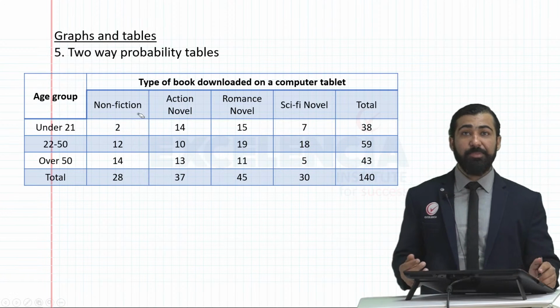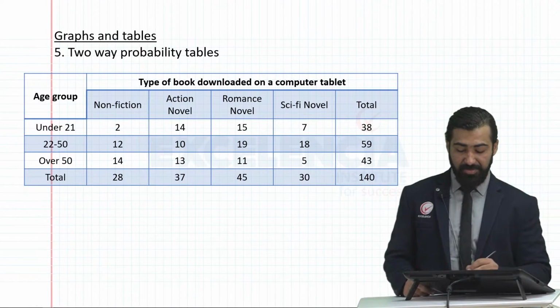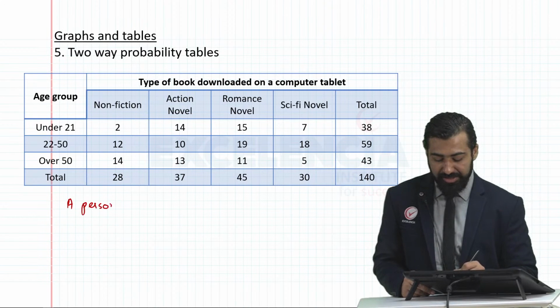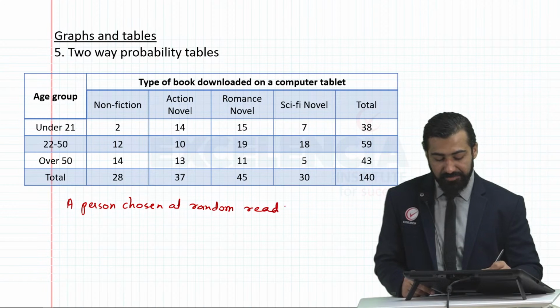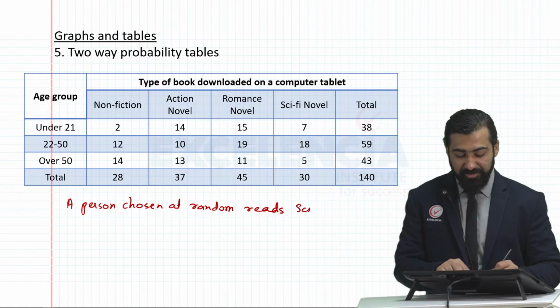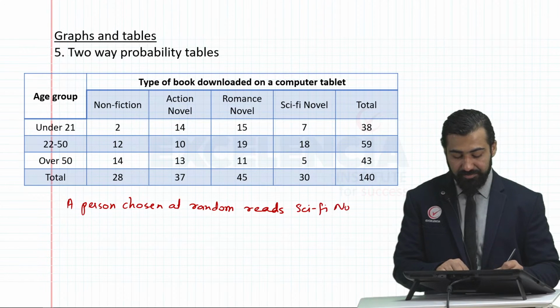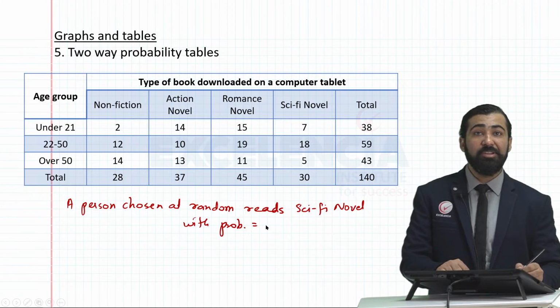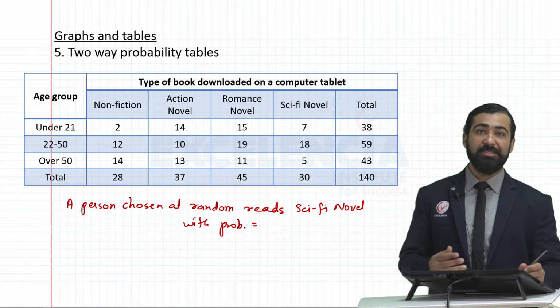Now questions can be pretty interesting. Like the first question: a person is chosen at random. What is the probability that this person reads sci-fi novels?